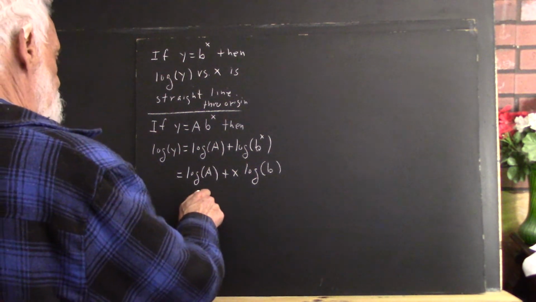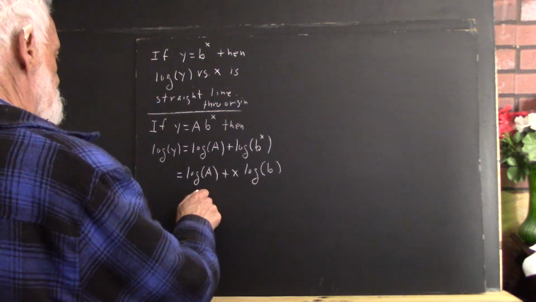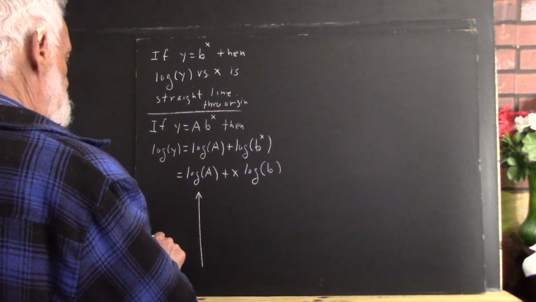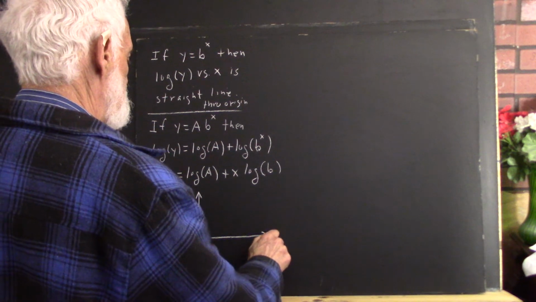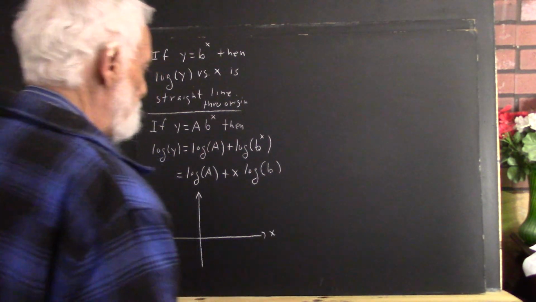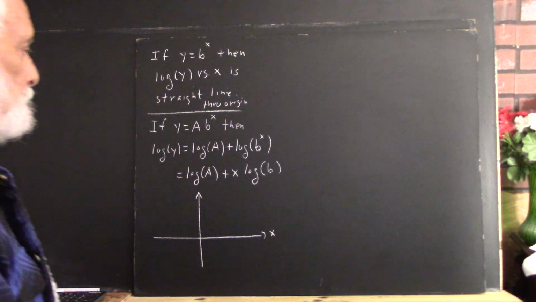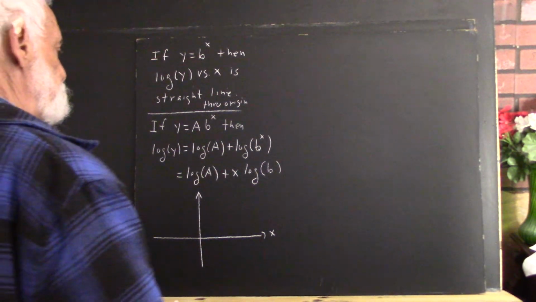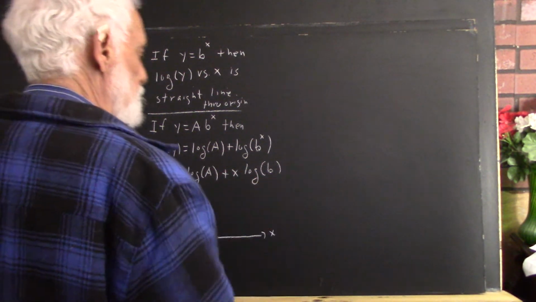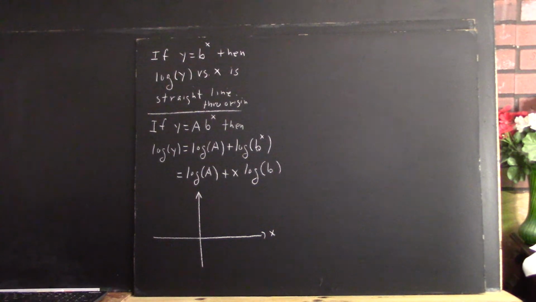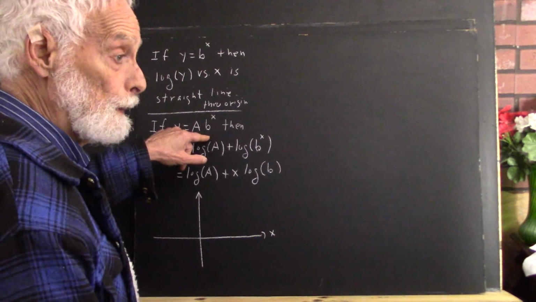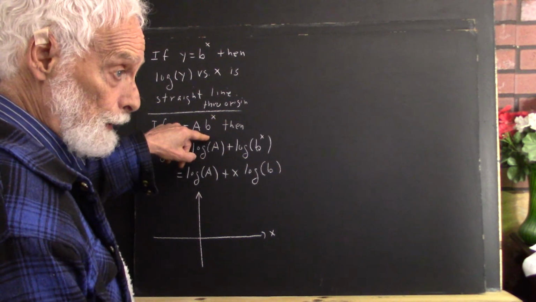Now if we graph x here and x log of b here. Now b is a fixed number, okay?